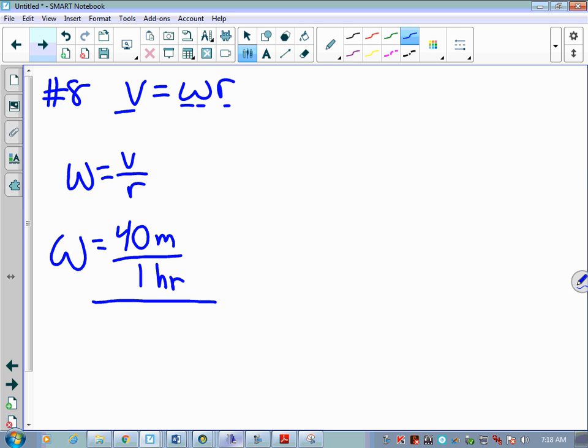We had a diameter of 36 inches, which means we've got an 18-inch radius, and we have angular velocity for this.